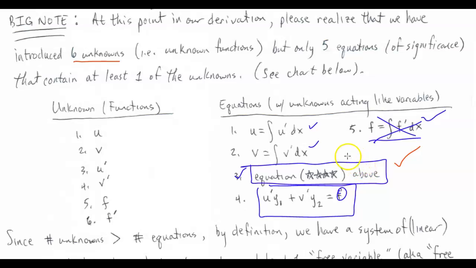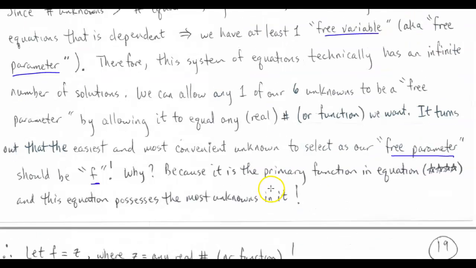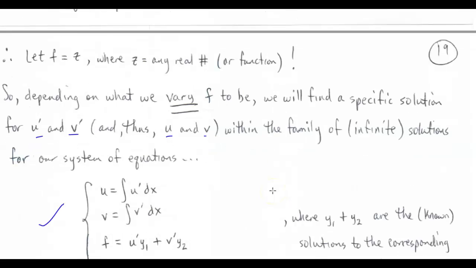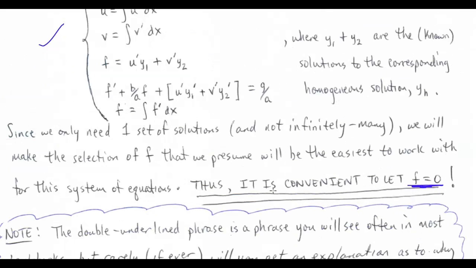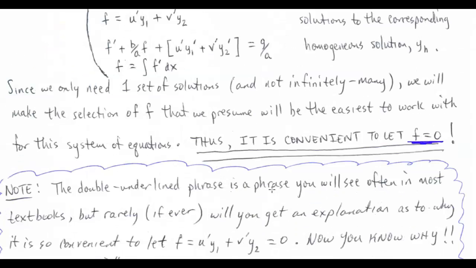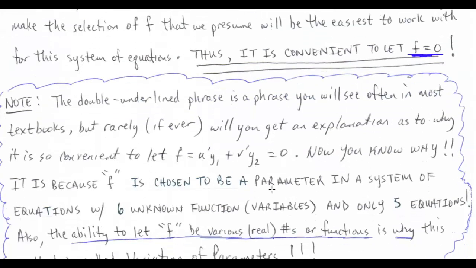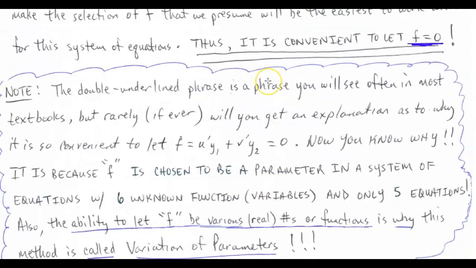So from here, I only need two equations to find out what my U prime and V prime are going to be. And that's what you're used to seeing whenever you do variation of parameters. Once you let this equal 0 here, everything is going to simplify to those two equations that I talked about, and I'll write it formally on the next page.